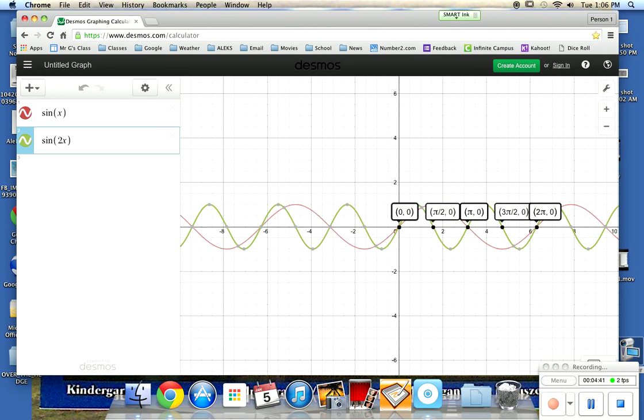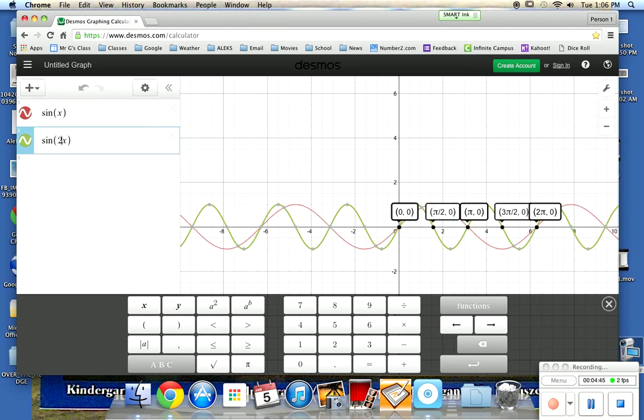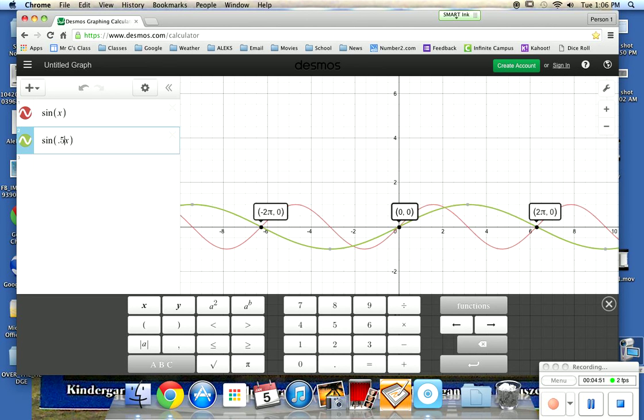Okay? So if I took this number in here, and now instead of having a 2 in there, I put a 0.5 or 1/2 in there, look what happens to my period. It starts extending out. Now you may be getting a lower voice. So you get a feeling of what happens.